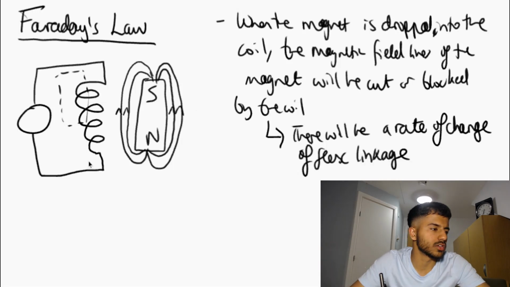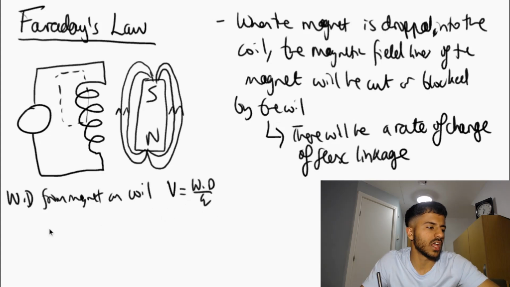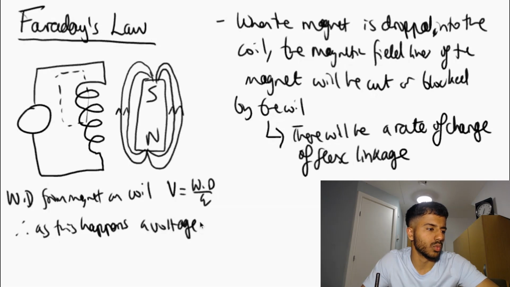And as this happens, there's going to be some work done from the magnet on the coil. And we know that the voltage is equal to work done over charge. So therefore, as this happens, a voltage will get induced in the coil.